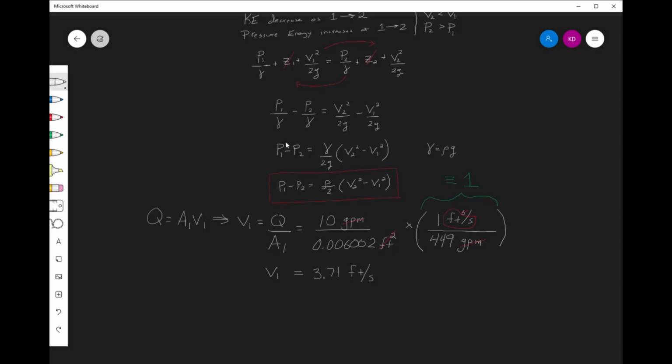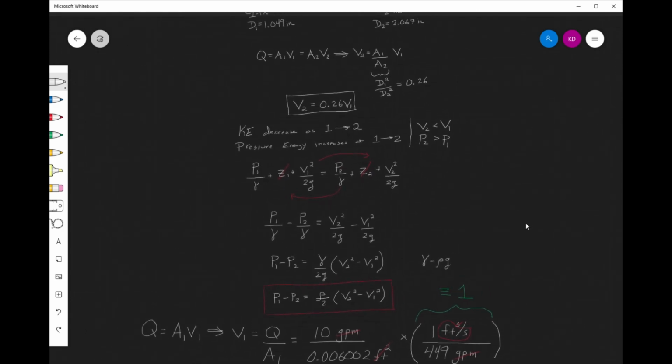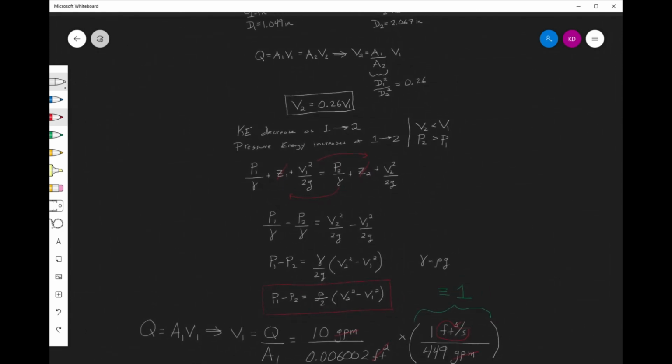We could just use that V2 equals Q over A2, but we already know from earlier on, and let me scroll up, when we use the continuity equation, and let me put a box around it again, that V2 is 0.26 times V1.